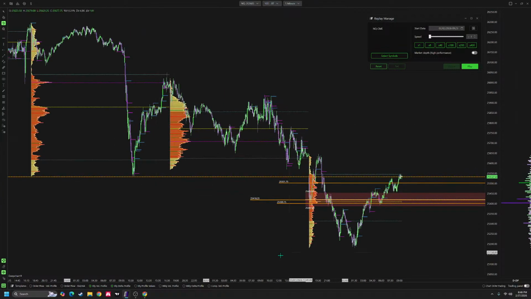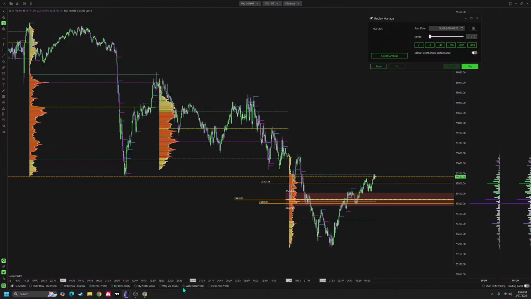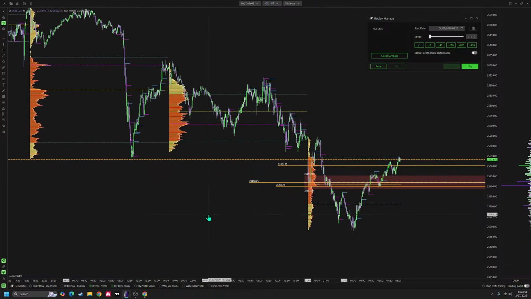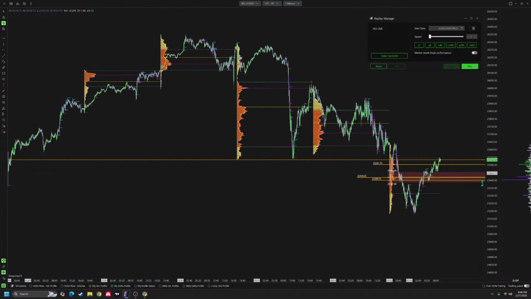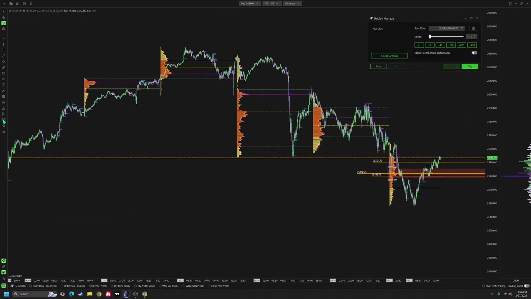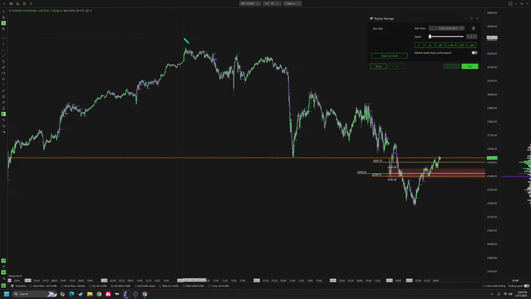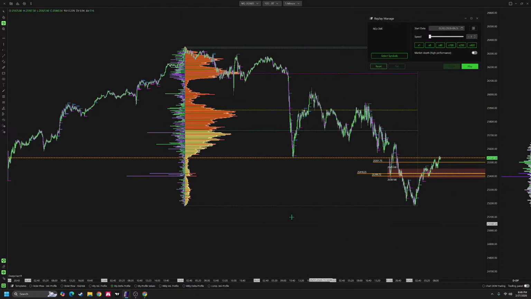Since this is out of the day, we could also do a weekly delta profile. I guess that's the first day of the week, so it's the same. Well, you could also do this. Let me get rid of the daily here, and we could draw a volume profile with delta.